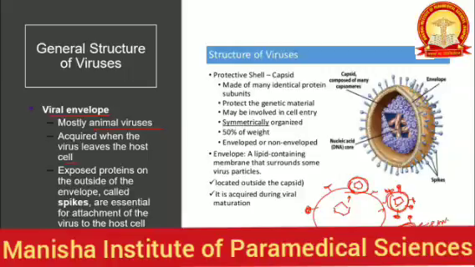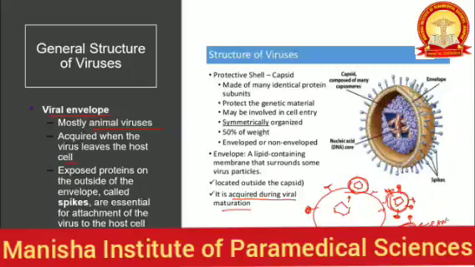Now this is another thing. The envelope, as I said, is located outside of the capsid, and it is acquired during viral maturation. Think about this picture. You can see that this is the genetic material inside, with the capsid protecting the genetic material, composed of many protein subunits known as capsomeres.